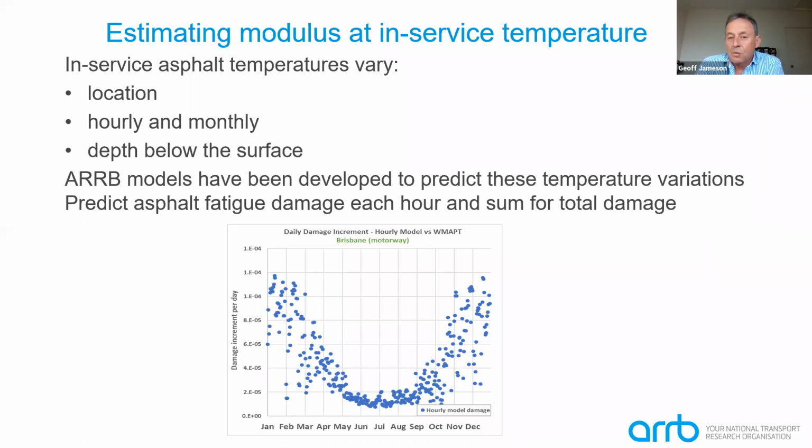Now, ARRB's done some work where we've measured temperatures in pavements and developed methods to predict temperature variations with depth and with time. And from that, you can see in that slide there, you can actually develop a process where you look at the fatigue damage for each hour of the year and sum those to come up with the overall damage. So models like that have been prepared. And this one here is for a motorway in Brisbane, for example.